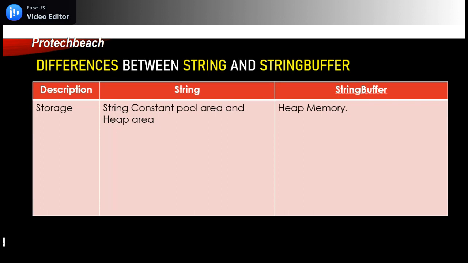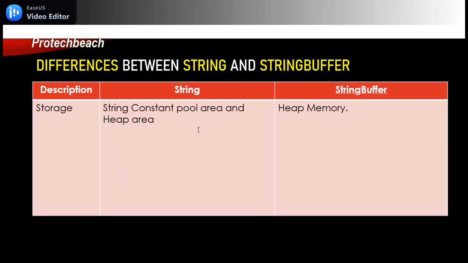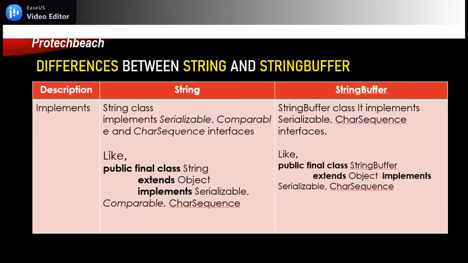Okay. So these are the main differences between string and string buffer. What are the differences we saw now? One is mutability. In terms of mutability, string is immutable and string buffer is mutable in nature. If you consider storage, the string object will be stored in two places, the string constant pool and the heap area. But in case of string buffer, it will always be stored in the heap area only.